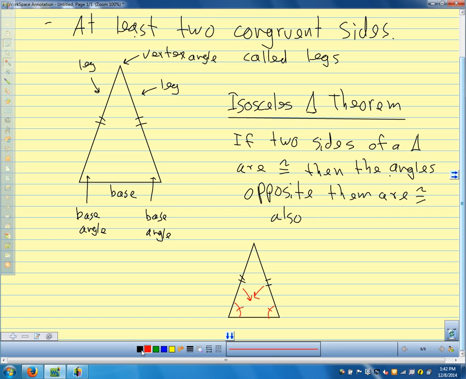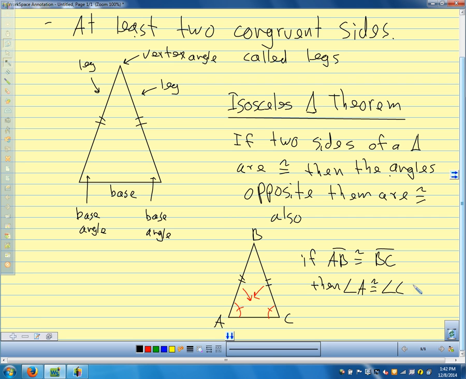If we wrote that in symbols, A, B, C, we would say if segment AB is congruent to segment BC, then angle A is congruent to angle C. So something we worked with a little bit before. It shouldn't be a big surprise. All right, are we good there?